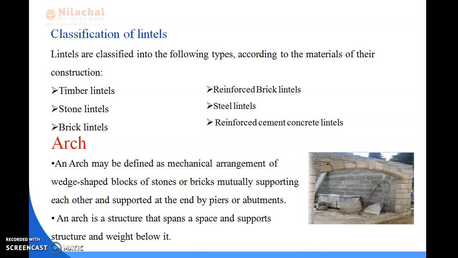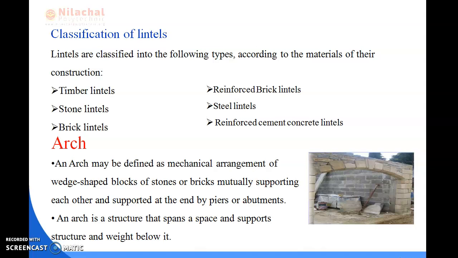An arch is a structure that spans a space and supports the structure and weight below it. Okay, so we can say that an arch can be defined as a mechanical arrangement of wedge-shaped blocks, and it can be made up of stones or bricks which support each other and are supported at the ends by piers or abutments.